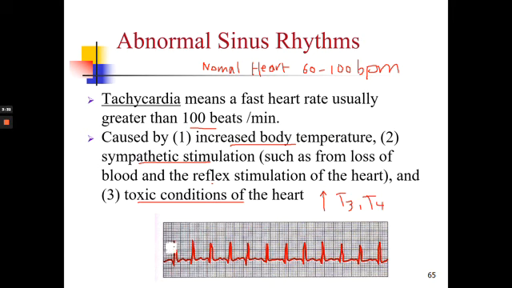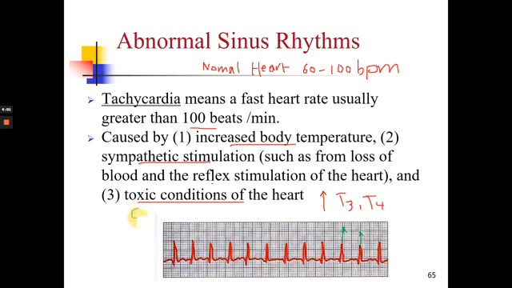Remember here, if you count the heart rate from here, almost 10 small squares. If it is 10 small squares by 0.04, it means 0.4.